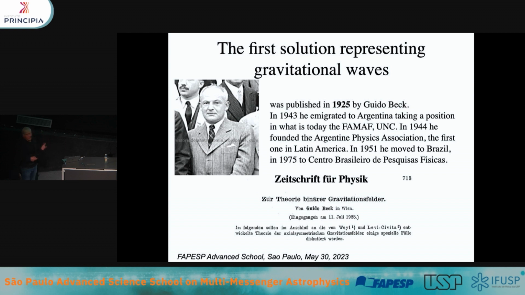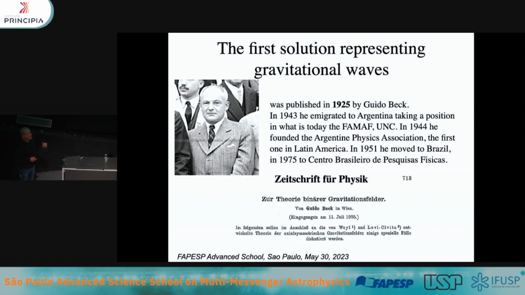Guido Beck was an Austrian physicist who had a very interesting life because he was a student of Hans Thirring in Austria, and then he moved to Odessa to help build Soviet physics, and then eventually back to Europe, and of course was persecuted because he was a Jew, and he emigrated to Argentina in 1943, and in 1944, he founded the Argentine Physics Association, which was the first one in Latin America.